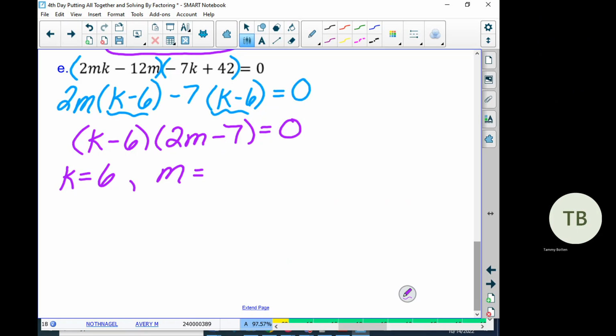It's going to be the opposite of this divided by that. So a +7/2. If you feel better about dividing that and putting it as 3.5, you can, you don't have to. But when they're two different variables, you should specify them like that. Okay.